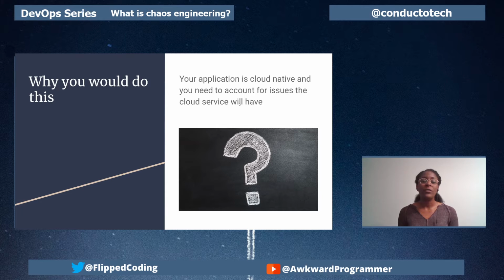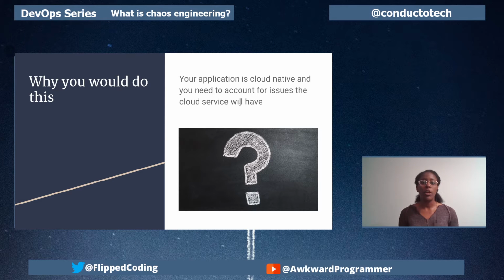So you have to account for your cloud service provider being down along with your application having its own issues. Remember, these cloud service providers also have their own technical issues sometimes. And it doesn't matter to your customers whether it's your fault or the cloud service provider's fault.